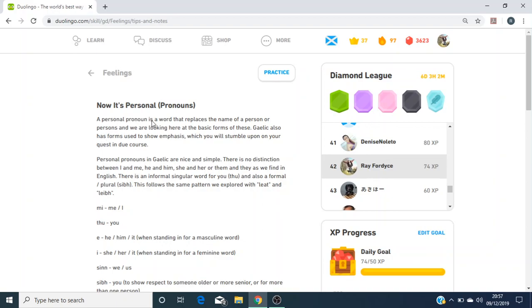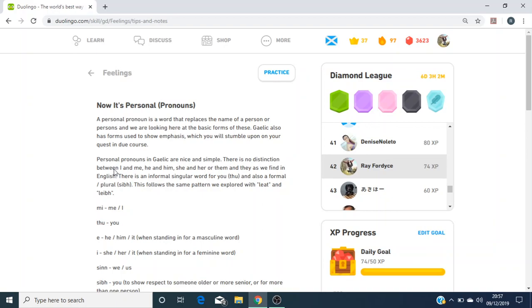A personal pronoun is a word that replaces the name of a person or thing. Gaelic also has forms used to show emphasis, which you will stumble upon on your quest in due course. Personal pronouns in Gaelic are nice and simple.